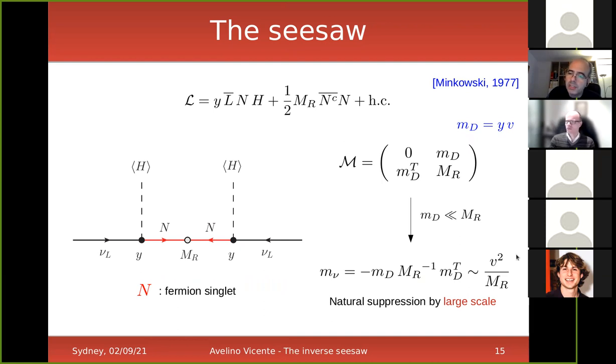It's proportional to the electroweak scale squared divided by MR. So by assumption, if MR is very large, this will be naturally very small. This is the seesaw mechanism that everybody loves and likes, and it works perfectly.